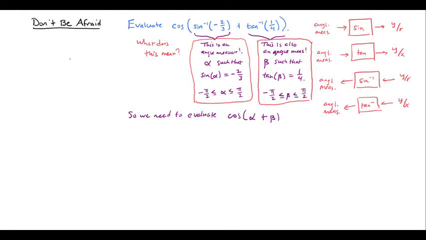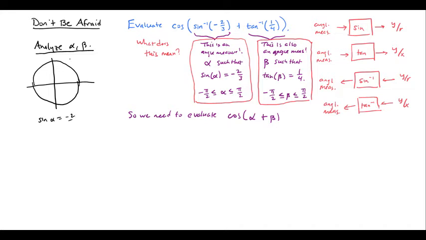Okay, so let's analyze alpha and beta. We're going to analyze these geometrically. All right, so alpha is going to lie somewhere on the unit circle, somewhere in quadrant 1 or 4, between negative pi over 2 and pi over 2. We know that sine of alpha is negative 2 over 3. So I'm going to call this negative 2 my y and this my r.